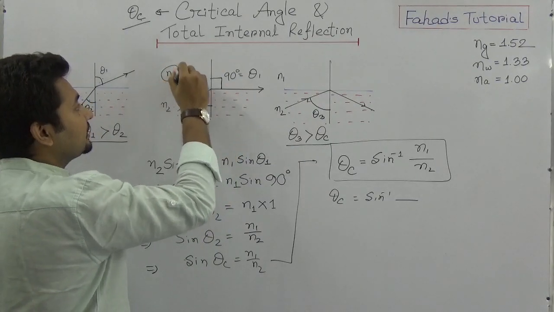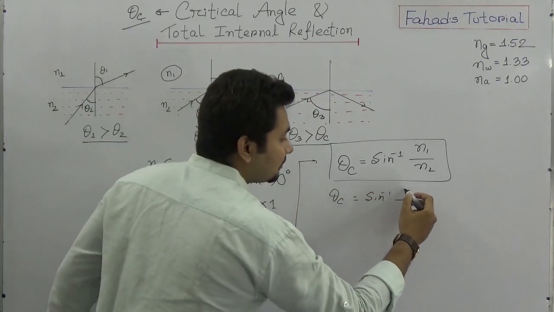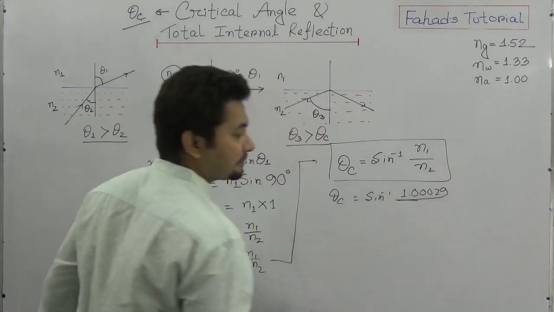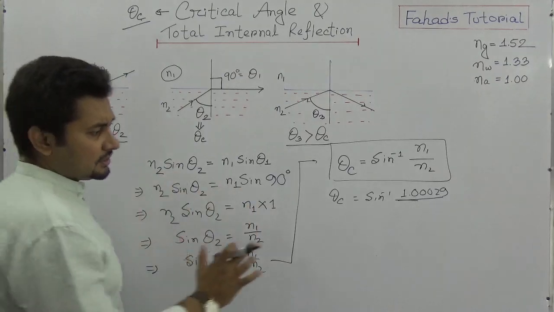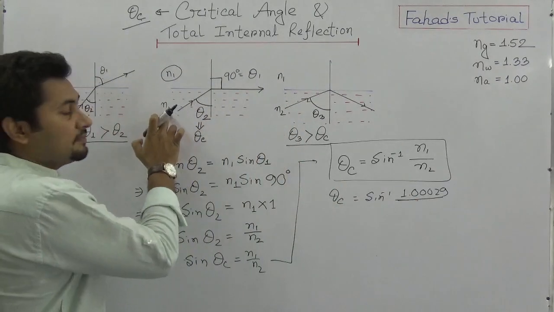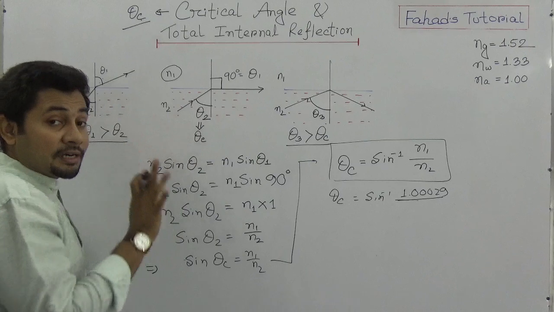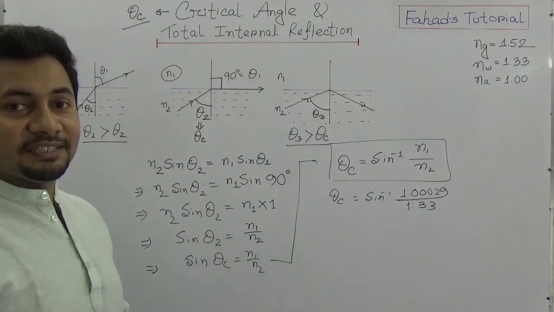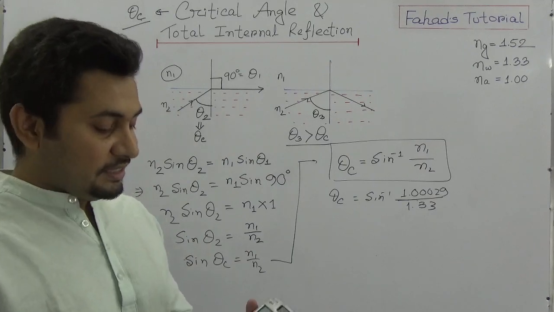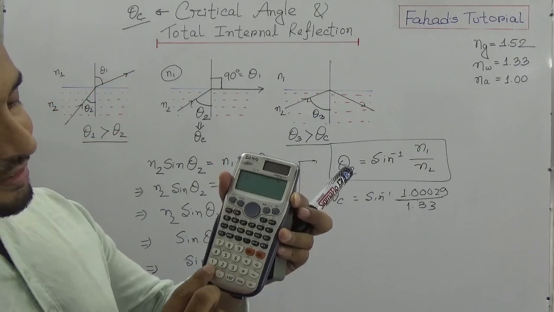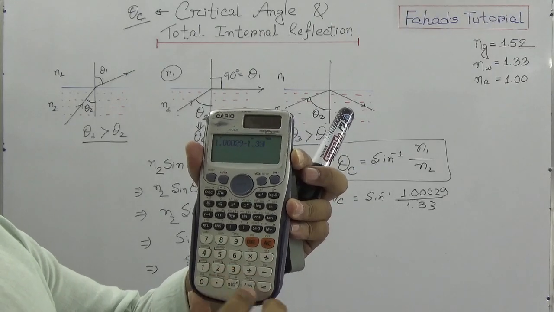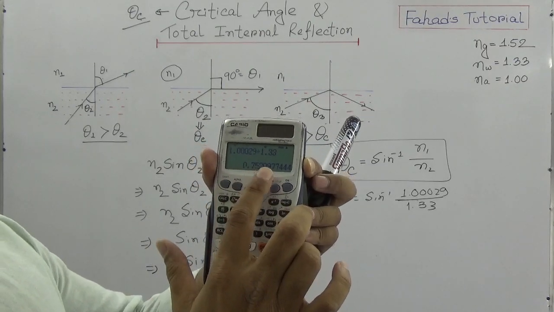The refractive index of air is 1.0029, though it is supposed to say 1.00, and the refractive index of water is 1.33. Now 1.0029 divided by 1.33 is 0.75.